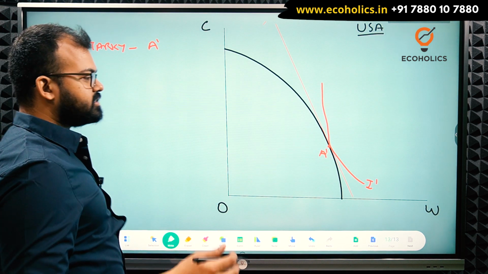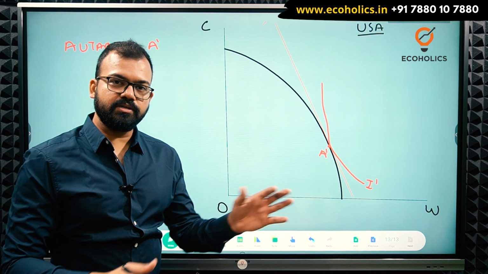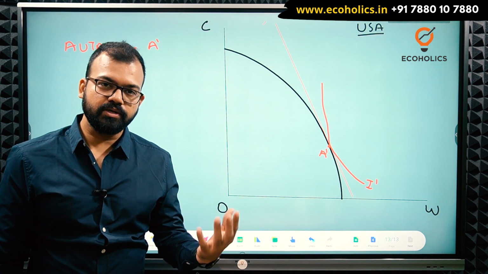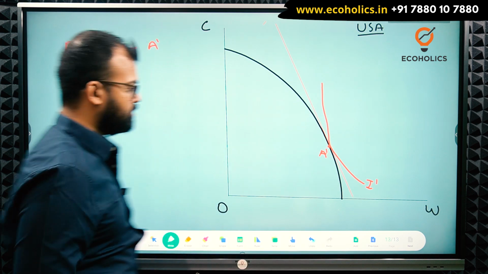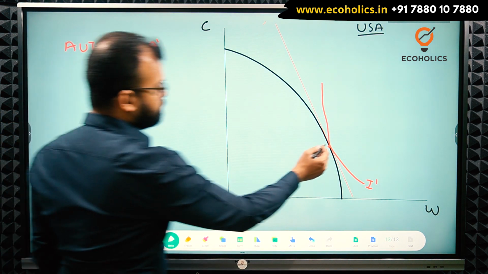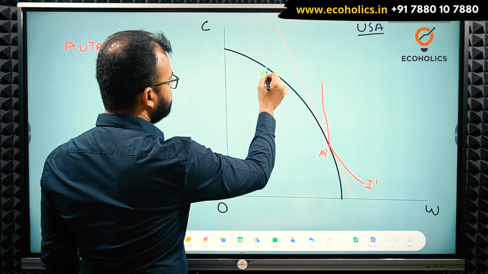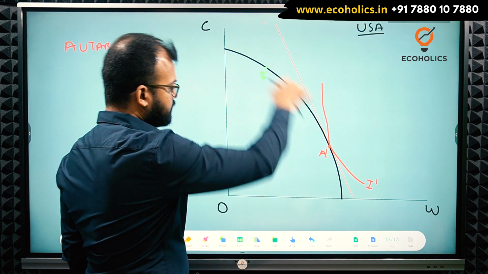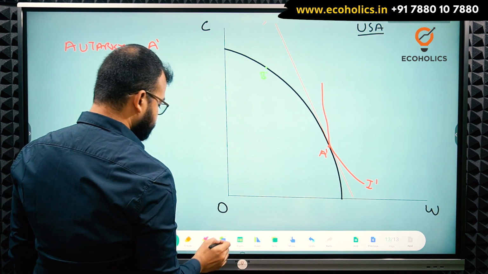Now you know that as trade starts between USA and India, the US has a factor endowment in terms of cloth. So the US will now move towards producing more cloth. For example, suppose the US moves from point A dash to point B dash in production, because the US cannot go beyond this line, that's the PPC.